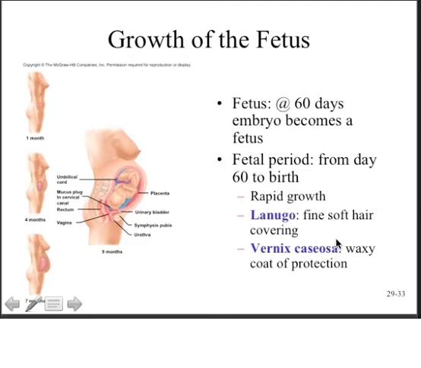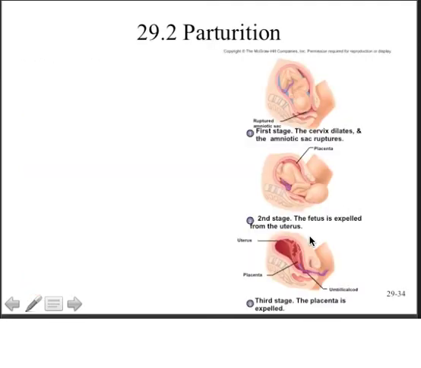We see the emergence of lanugo, which is a fine, soft covering of hair on most of the structures in the fetus, and there's vernix, which is a waxy protective coat that also aids again in essentially protecting the fetus from damage inside the womb. We also note that throughout this time it's been floating in the amniotic fluid in the amniotic sac, which allows freedom of movement but also protects from damage by physical force.